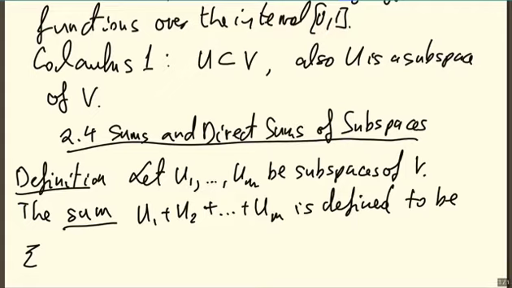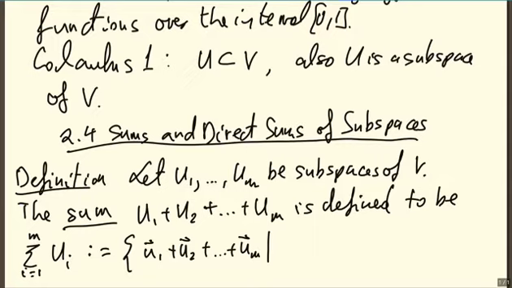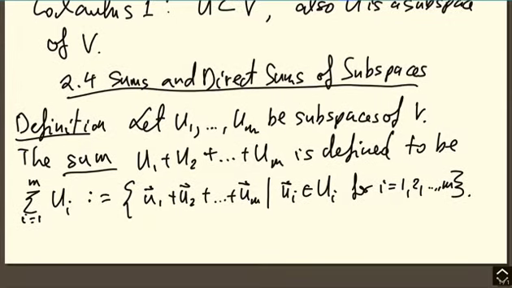The notation is the summation notation with sigma, i goes from 1 to m, U sub i, and it's defined as the set of vectors u1 plus u2 plus all the way to um, where these vectors ui are from the subspace Ui for i going from 1 to m. So this is the definition of a sum of subspaces.